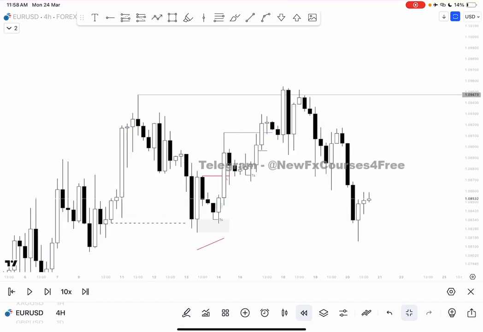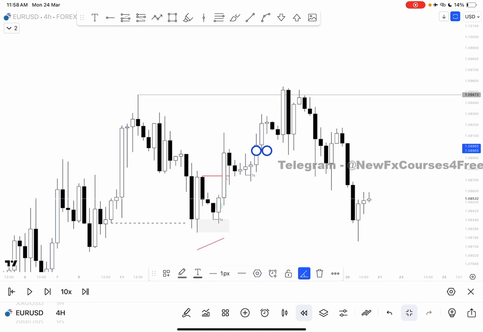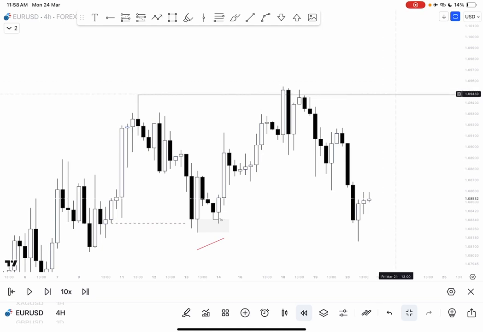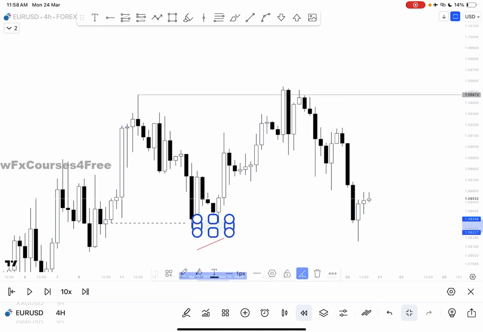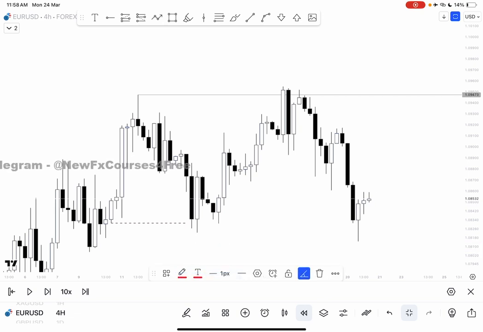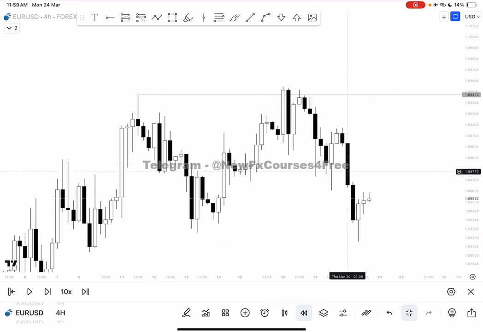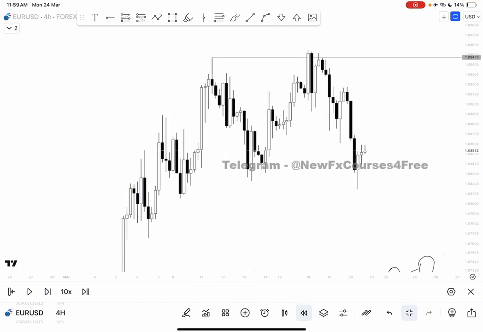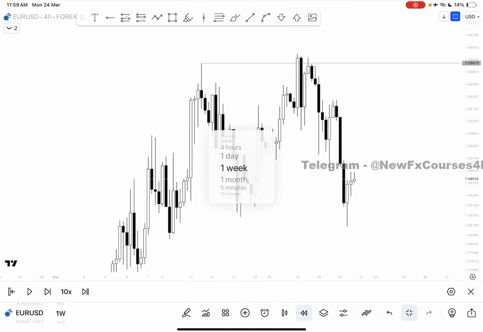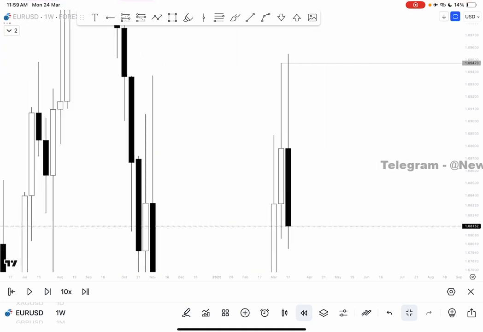So let me highlight something real quick for you guys. This high was actually what? This was previous week high. And here, let me go to the weekly time frame to mark that out.